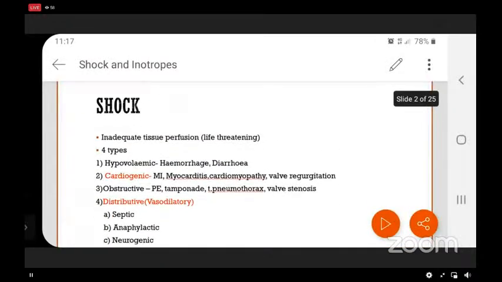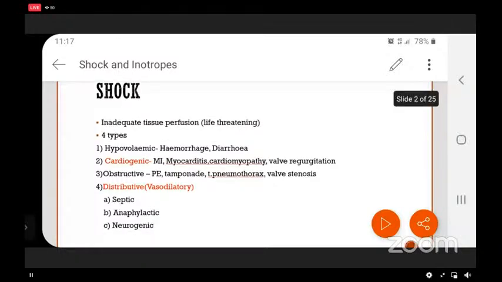And if the blood supply to the kidney is reduced, then urine output will go down. And it's the same for any organ. For example, to the heart, it will cause ischemic changes in the ECG or even chest pain. So these are the features of shock.